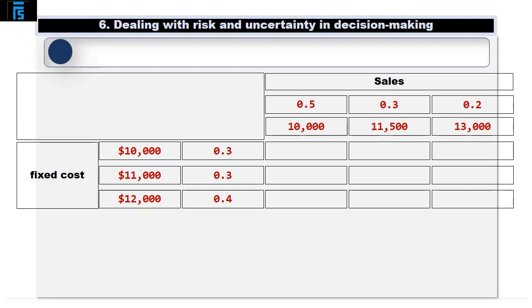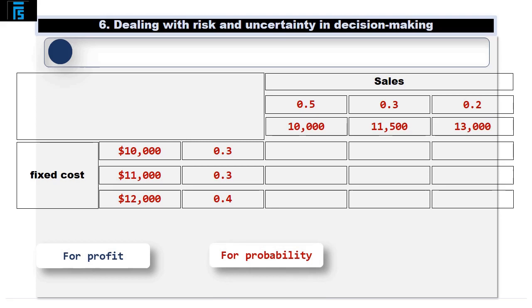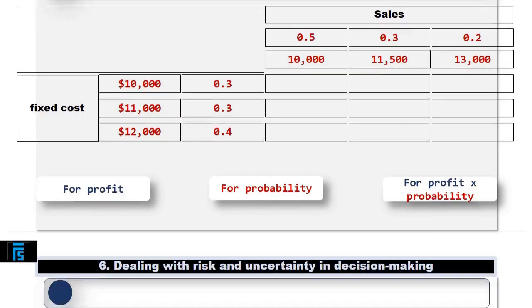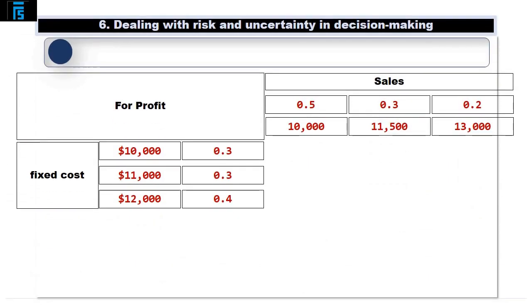Let's start by scheduling this out in a table. We're going to use this template 3 times. One table for profit, one table for probability, and a final table for profit multiplied by probability. Firstly, the one for profit. We populate the table with the profit that will result from every given level of sales demand and fixed cost.